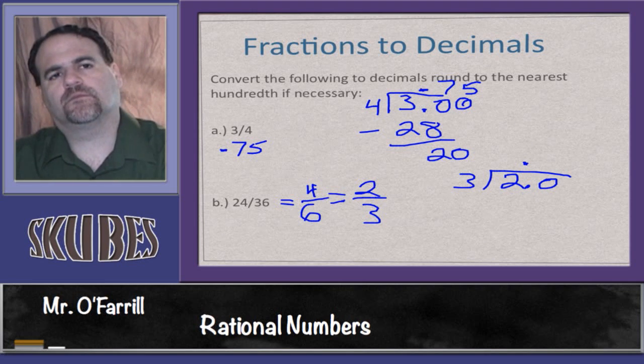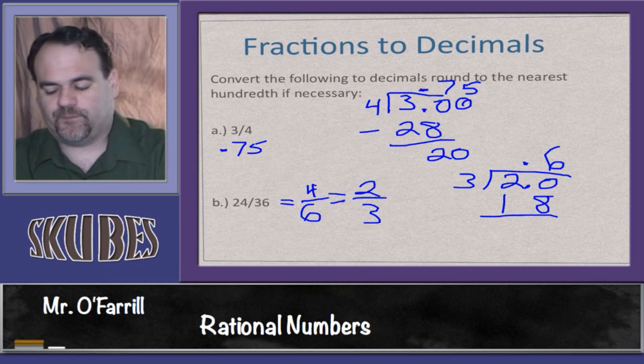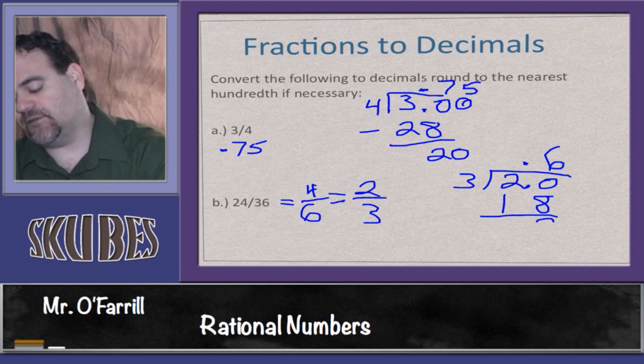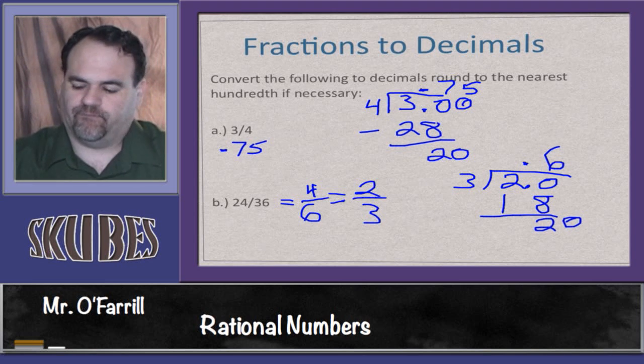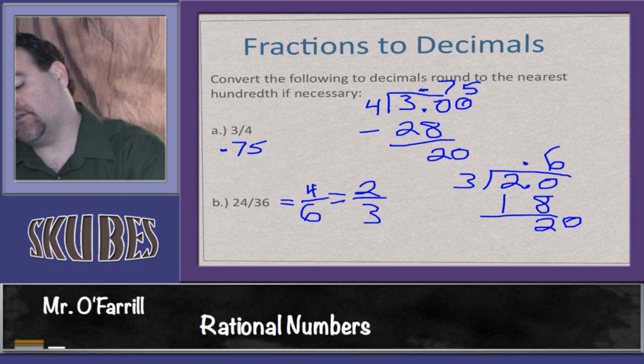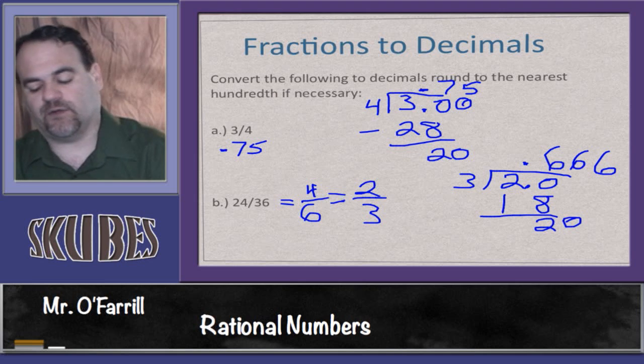No. 3 times 6 is 18. That's why I was thinking 8. And 20 minus 18 is 2. Bring down the 0, we have another 20. Well, that means it's going to be another 6, which is going to give us another 20. And another 6, which is going to give us another 20.